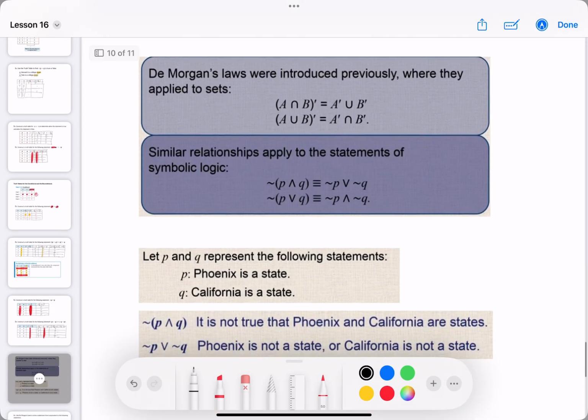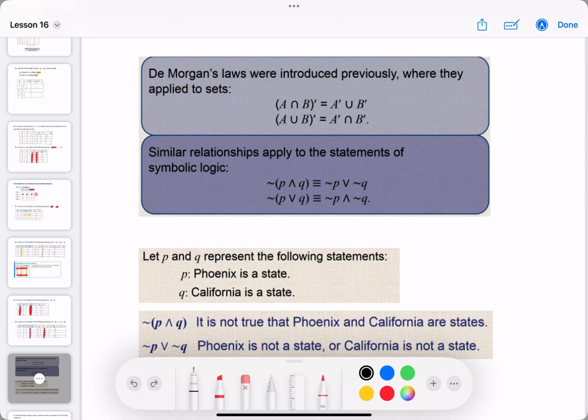All right. Let's see the De Morgan laws. For the De Morgan laws, this is the negation, or we say this is the complement of the statement, or the opposite of the statement. We have learned this symbol.